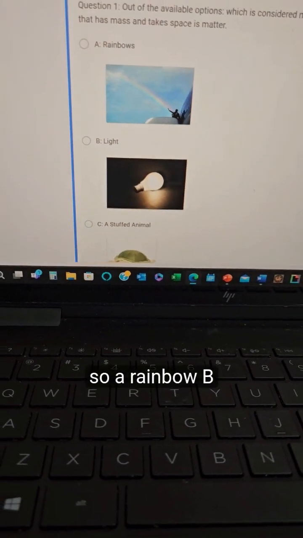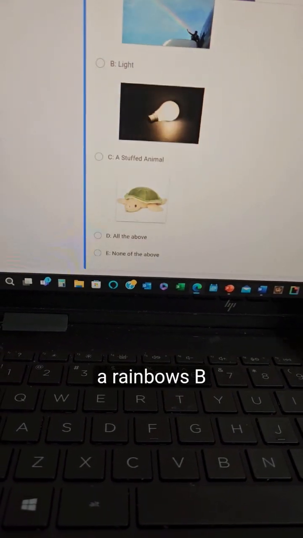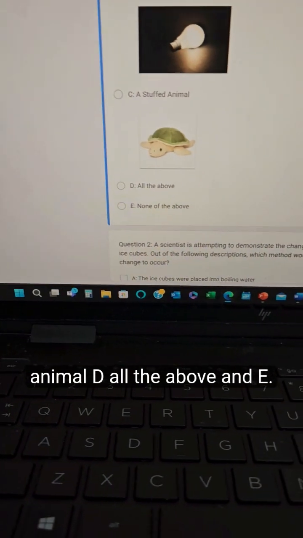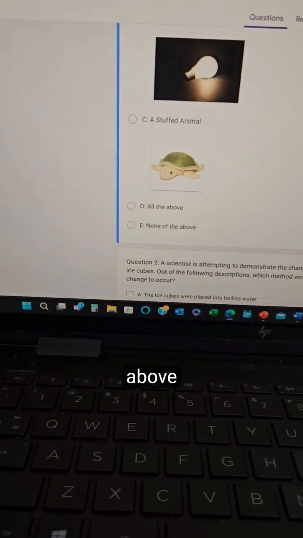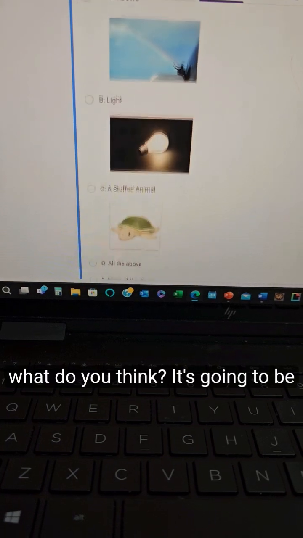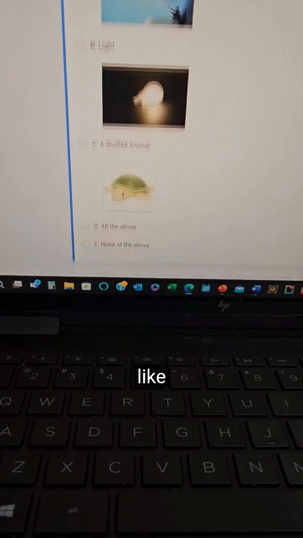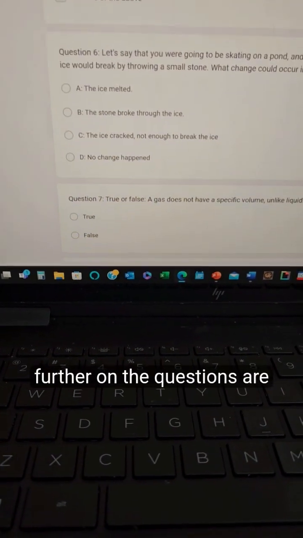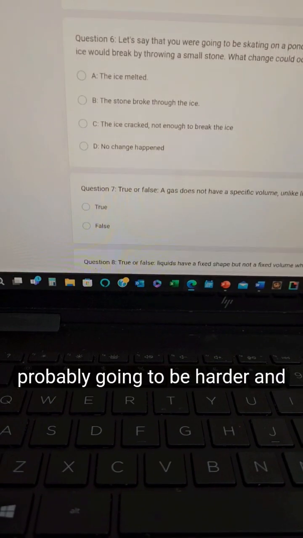So A, rainbows, B, light, C, a stuffed animal, D, all the above, and E, none of the above. What do you think it's going to be?